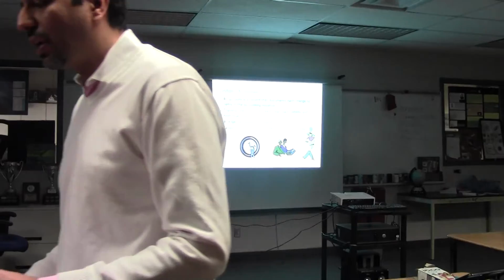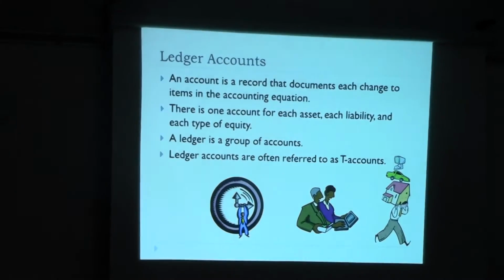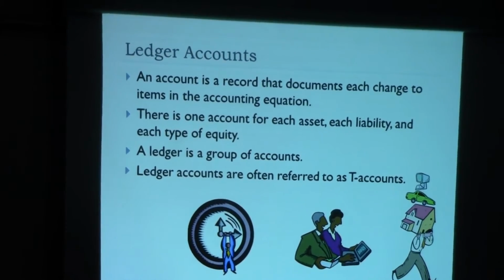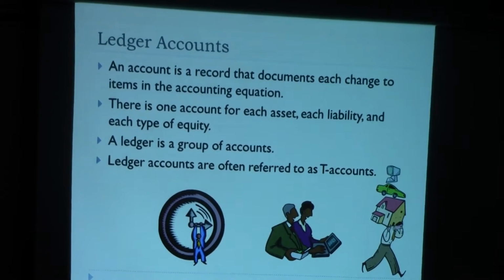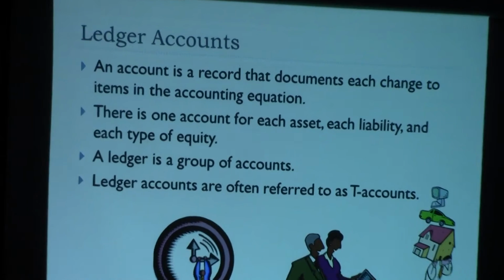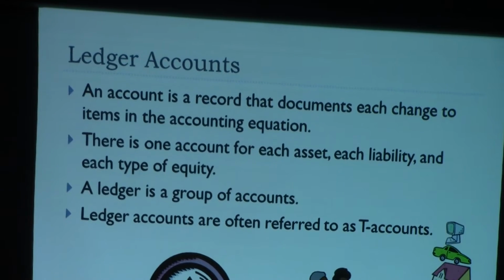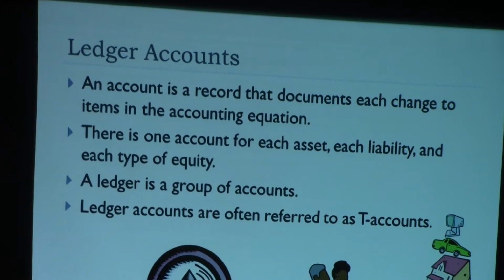So moving on to ledger accounts. What is a ledger account? A ledger account, simply put, is an account that is a record of all the documents in that particular account. So there is one account for each asset, one account for each liability, one account for each equity.